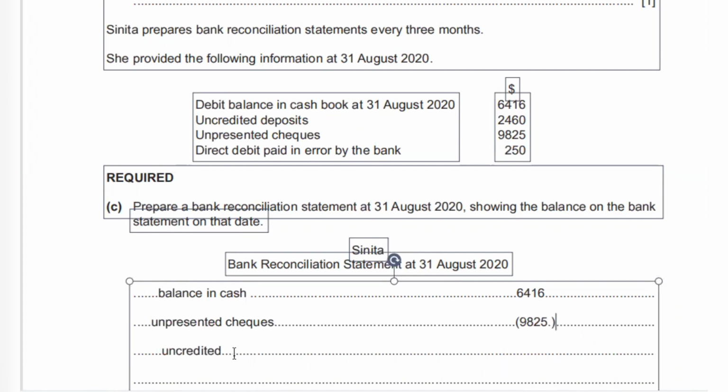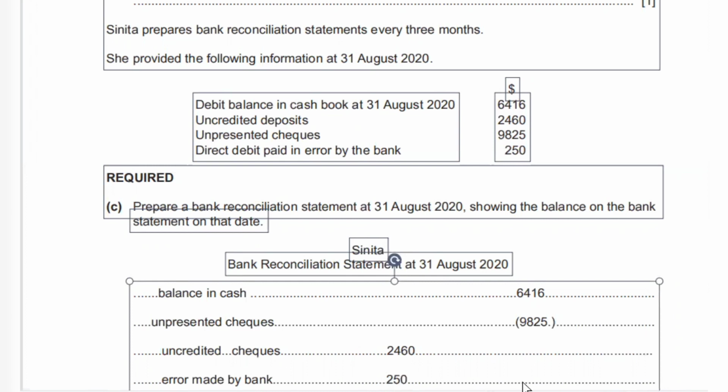Uncredited checks are 2460 and there is an error made by bank of 250.